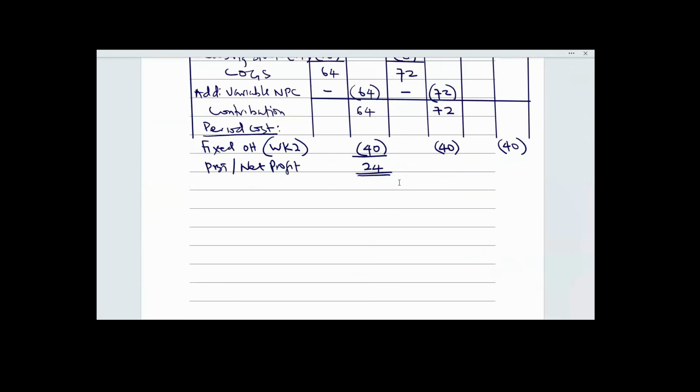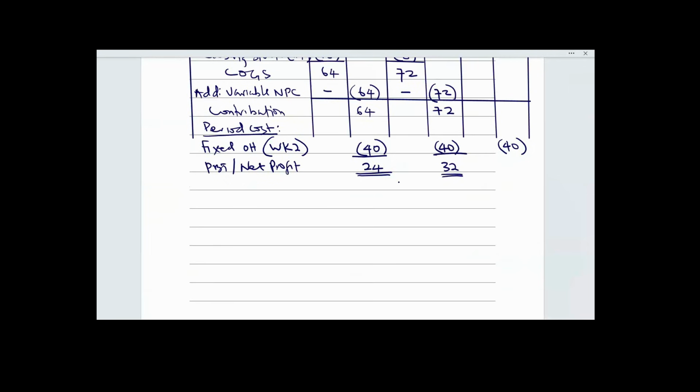Budgeted output is 10,000 units. Fixed overhead absorption rate is 4 naira. 4 naira multiplied by 10,000 units will give us 40,000 naira. That's why you see everything is 40,000 naira constant. Okay, so 72,000 minus 40,000 will give us 32,000. That's the profit in the second period.